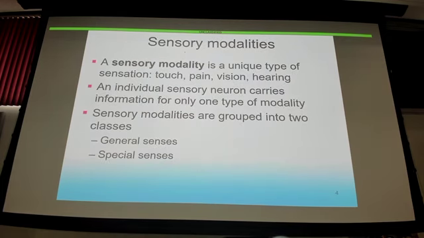We have to look at now, what do we mean by a sensory? And we're going to use a new term for it, sensory modality. So when you say that you can feel touch or you can feel pain, any type of sensation, if you name a sensation, that is the modality for that. So touch is a sensory modality.